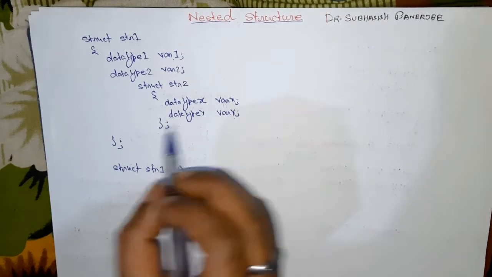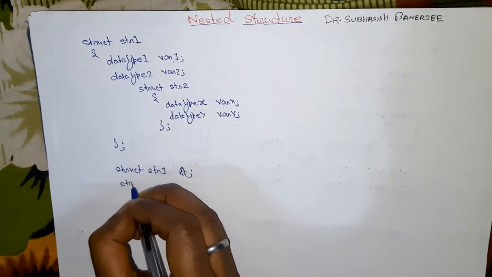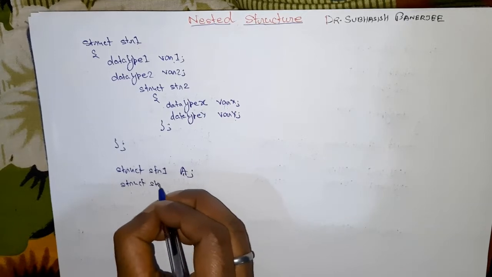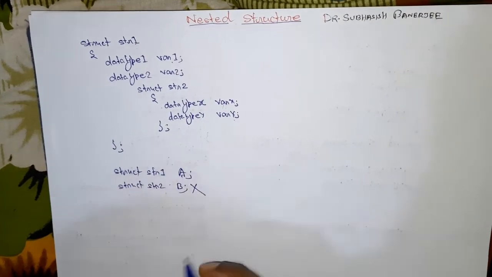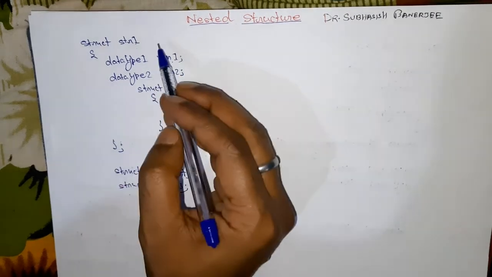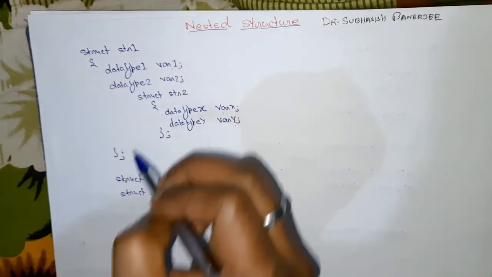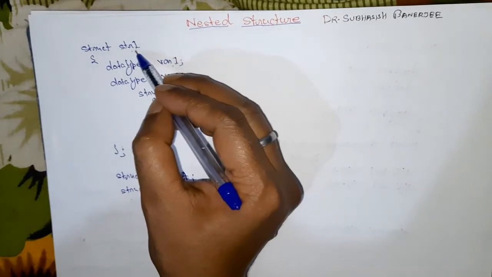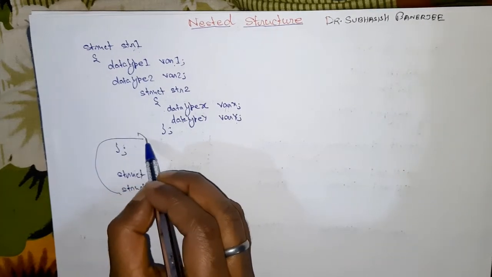That instance must be defined inside this structure, because if you define struct str2 b outside, it is not allowed, because that structure has not been defined outside. Instead, it is a nested structure, meaning str2 has been defined inside str1, so these instances must be defined here.